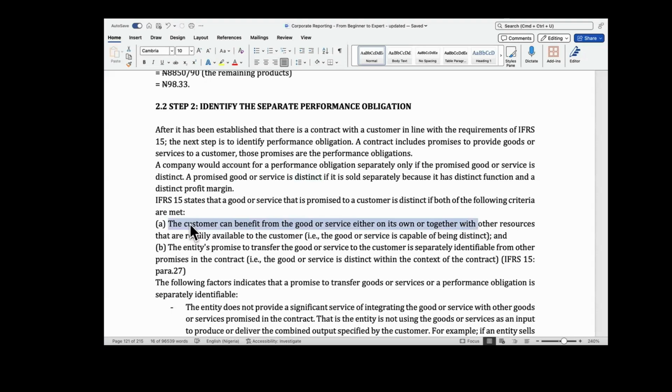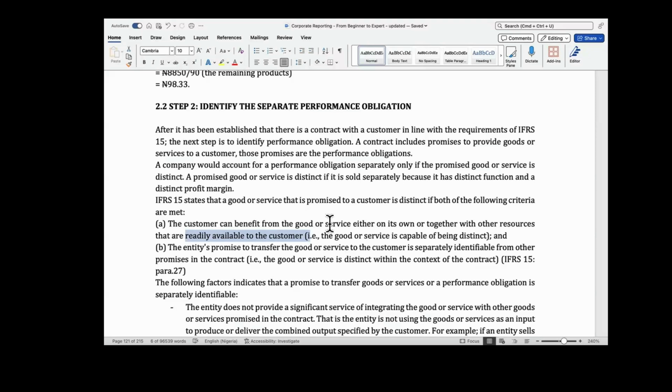It's just like when a customer buys a television set. You can enjoy benefit from that TV set, but you will need to plug it to a source before you can use it. That does not mean that the television doesn't have a distinct function. It has a distinct function, but of course you will need electricity for it to work.